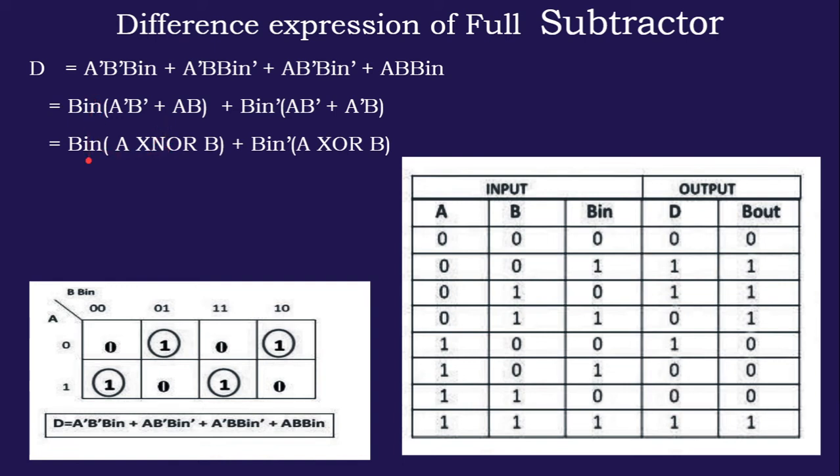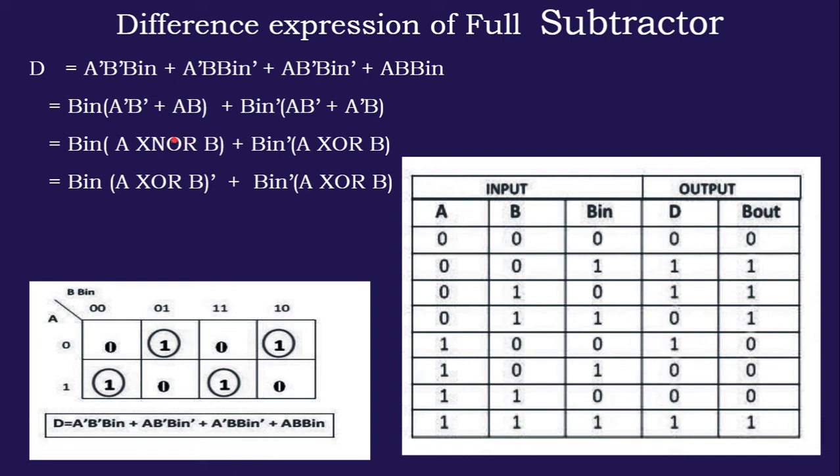So write the equation in simplified form. Keep the B in as it is. For A bar B bar plus AB, we can substitute XNOR. So A XNOR B, plus B in bar written as it is, and for AB bar plus A bar B, the expression is XOR. So A XOR B. Now we can write B in into A XOR B the whole bar, plus B in bar into A XOR B. Here, instead of XNOR we are putting XOR bar, because if you negate the XOR value, it is XNOR.